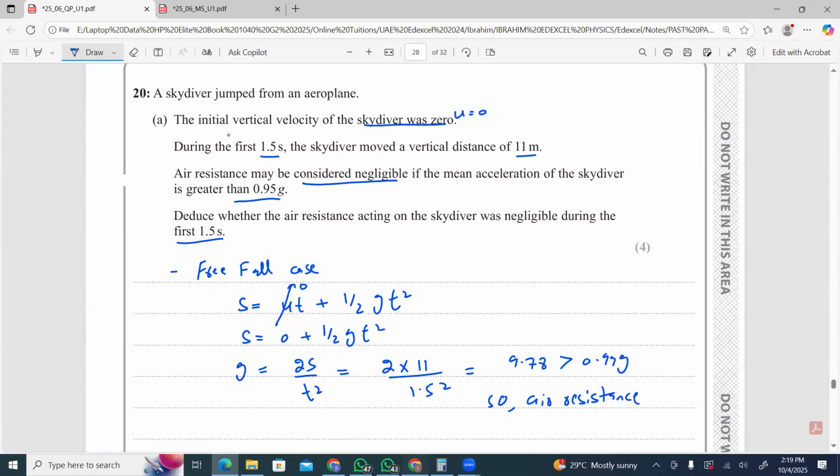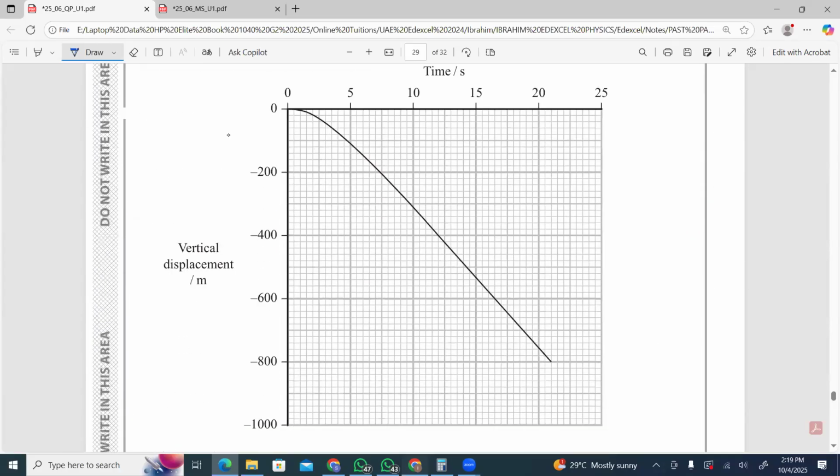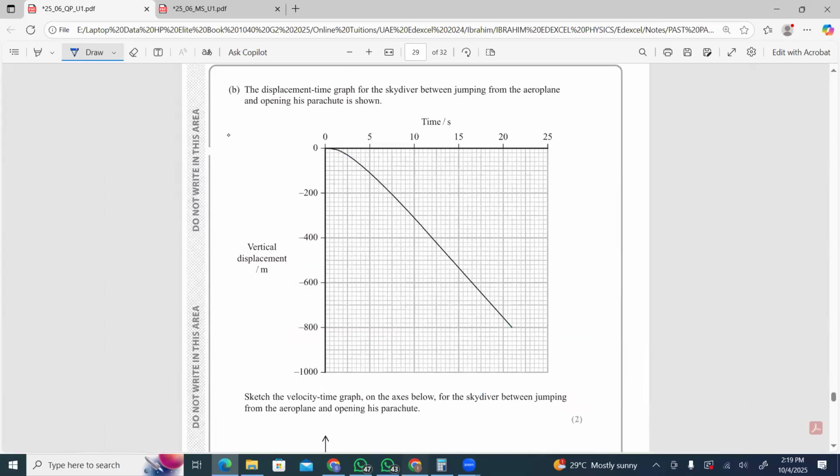They mention if your value is 95% of the original g, then the air resistance is not negligible. But if it is greater than 95% of the g, then the air resistance is negligible. So you say air resistance is negligible. Okay.